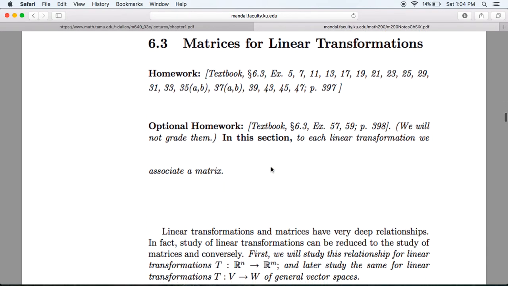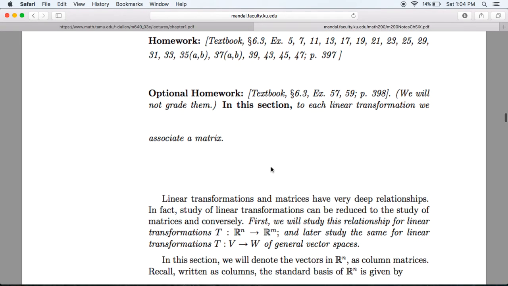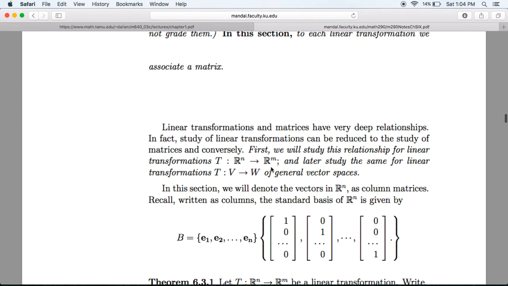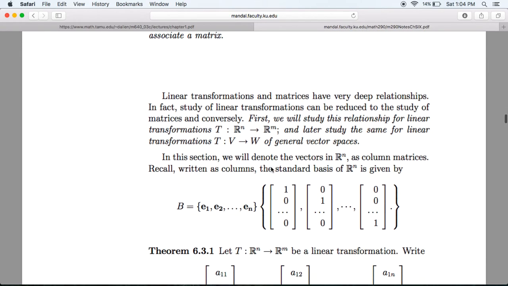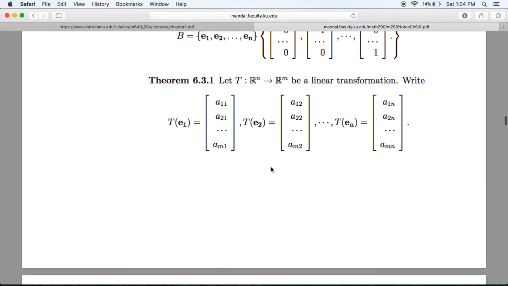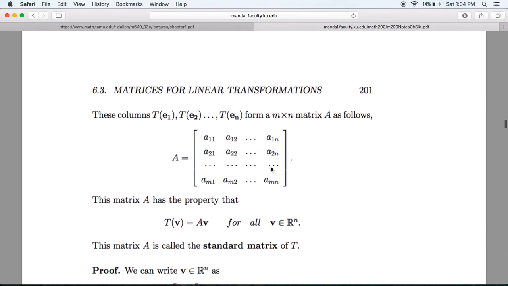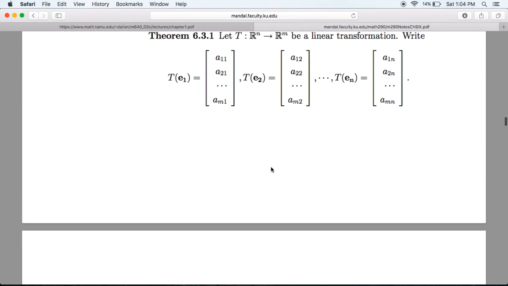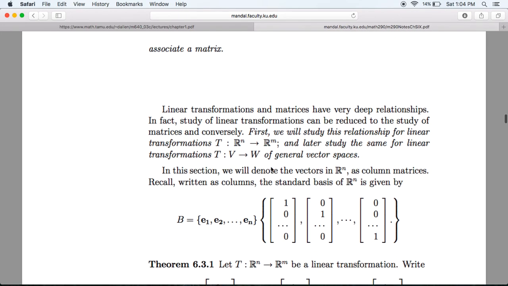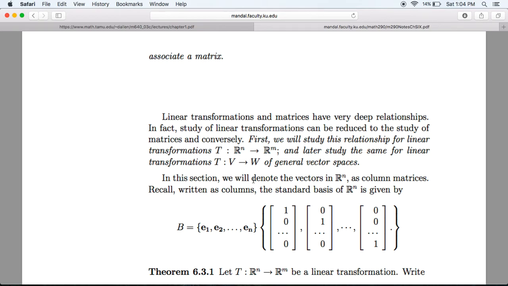Now, as I said, every linear transformation between finite dimensional vector spaces is actually obtained from operations of matrices. This matrix can be obtained by seeing the images of the basis vectors under this linear transformation.